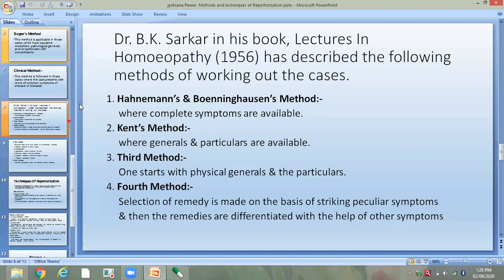Means, by taking the case, if we get a striking singular symptom in that case, what is it called according to Boenninghausen? Striking singular peculiar characteristic symptom. According to Boenninghausen, what is that symptom called?